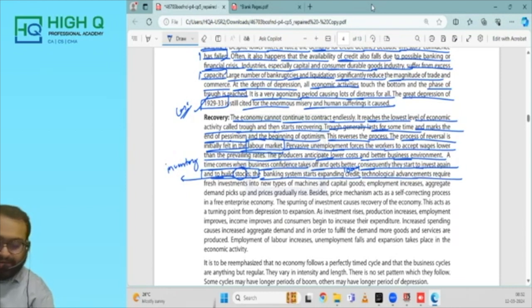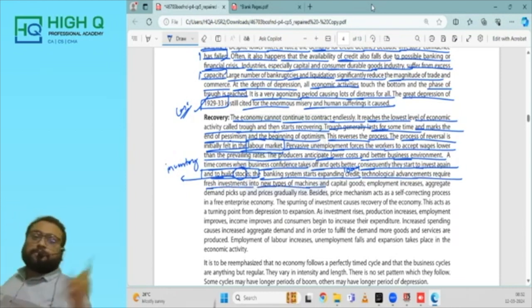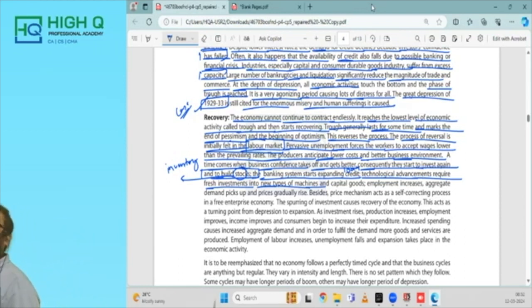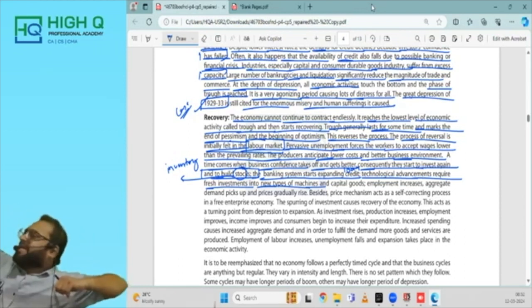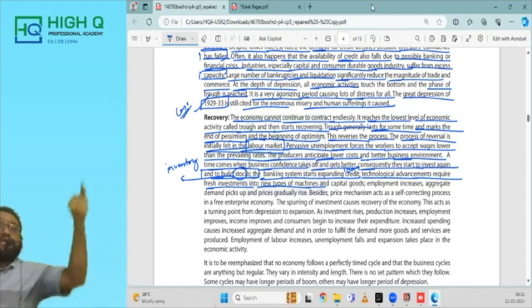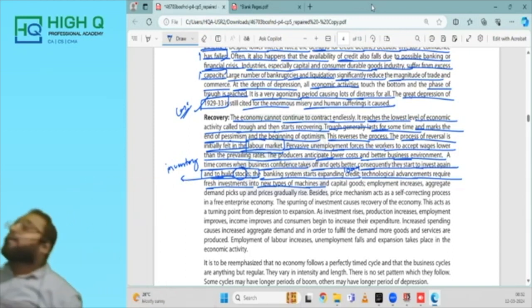Technological advancement requires fast investment into new types of machine. Now tell me, my profit is good, na? I'll take this loan for what? For expanding. I'll buy new machineries. If I buy new machinery, they will also get work. This is how the recovery phase starts.